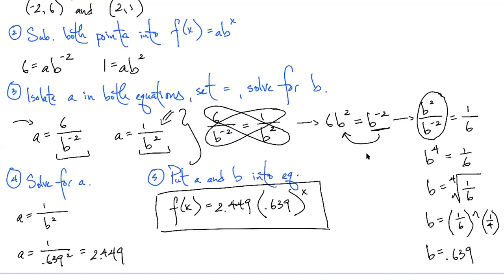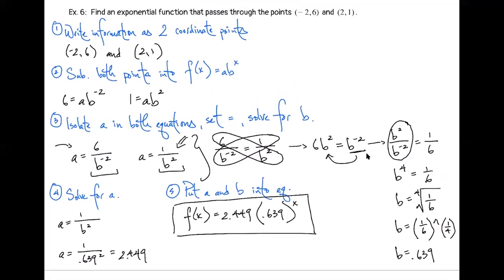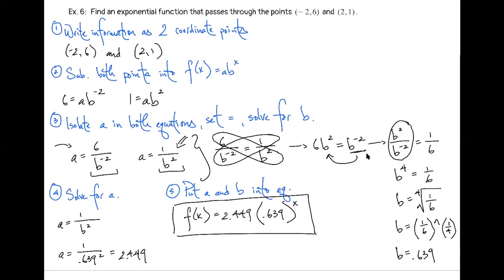Now looking at this equation, can someone tell me, is example 6 a growth situation or a decay situation? It's a decay situation. How do you know that? Be more specific, what's less than 1?